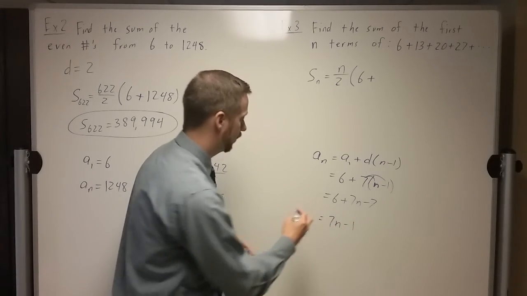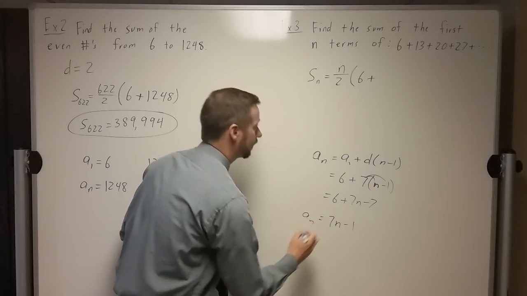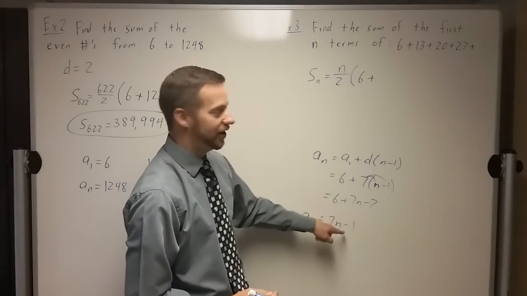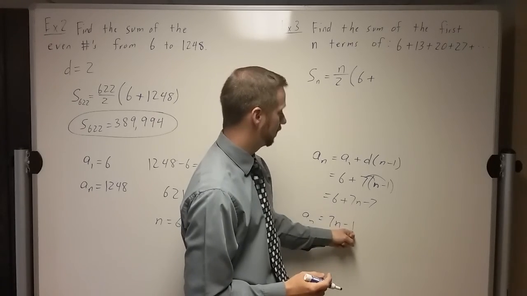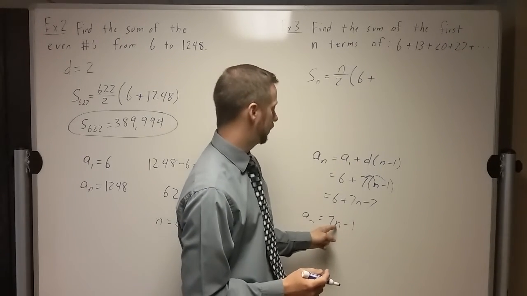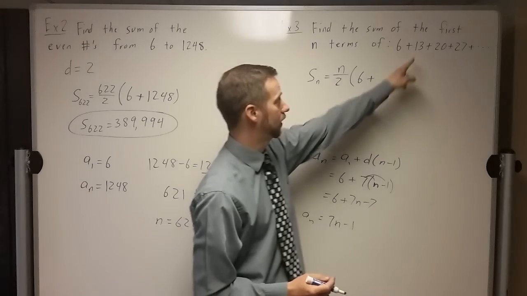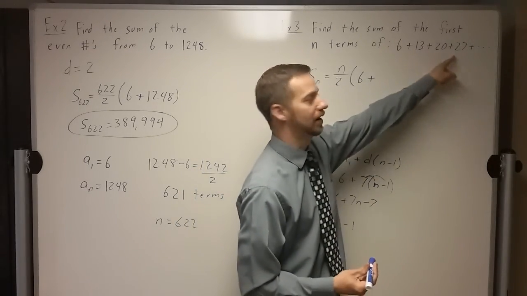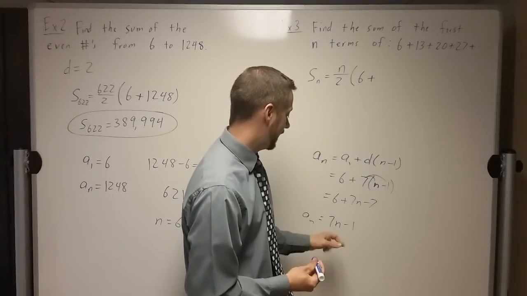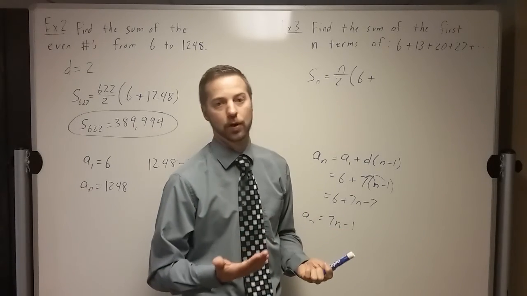So that's the general formula for the nth term. Now, let's just check and see, does that make sense? If I put in 1 in there, 7 times 1 is 7, minus 1 is 6. If I put in 2, 7 times 2 is 14, minus 1 is 13. Do you notice these are just 1 less than every multiple of 7? So it's 7 times whatever term we're on, and then take 1 away.